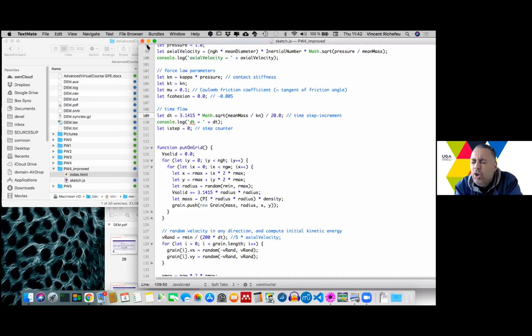You have to use a language which is compiled. So don't use Python. Don't use JavaScript as I did. Use something like C, C++, Fortran if you want. I personally like to use C++. I may recommend to use C++, but Fortran is okay also.